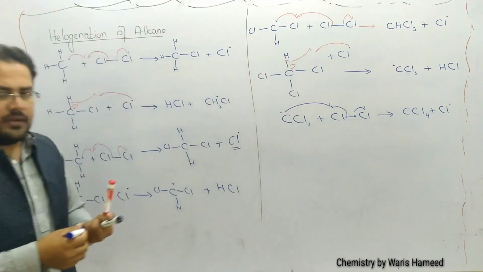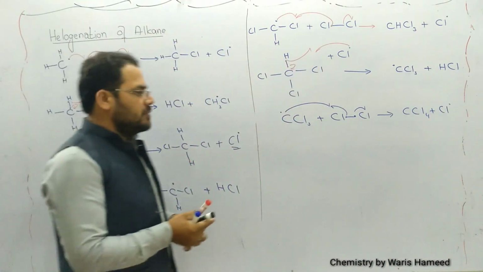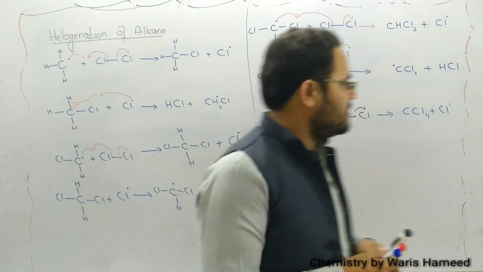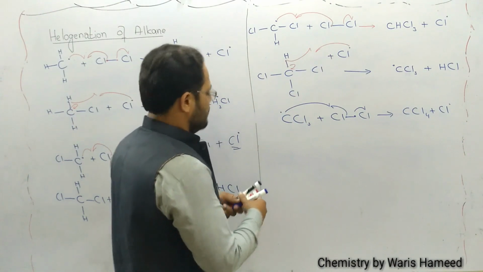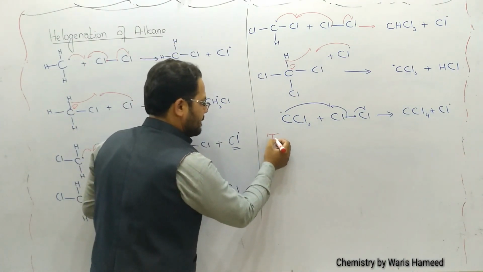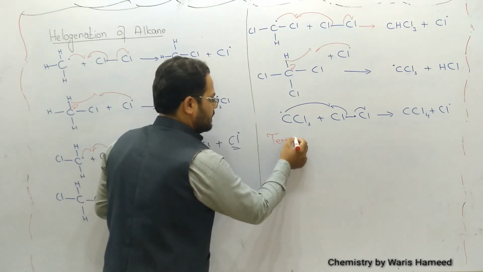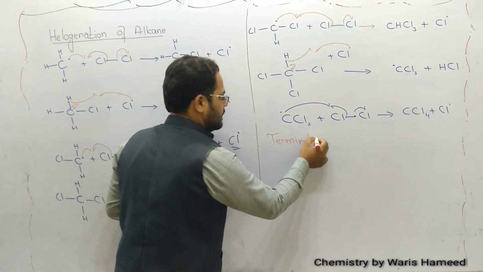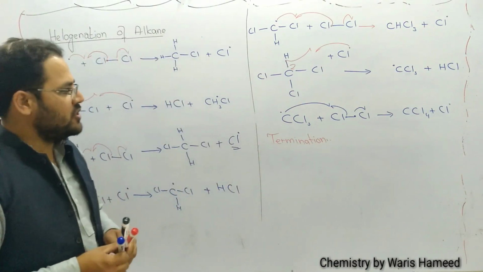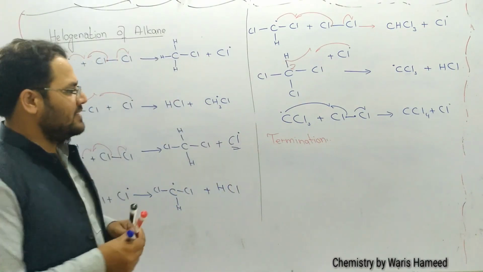Now you can see that this reaction is carried out in the presence of sunlight, and the last step of this reaction is termination. The last step of halogenation of alkane is termination. In termination, there is the reaction of radicals.